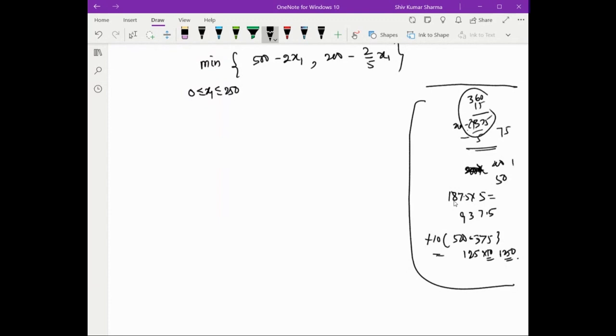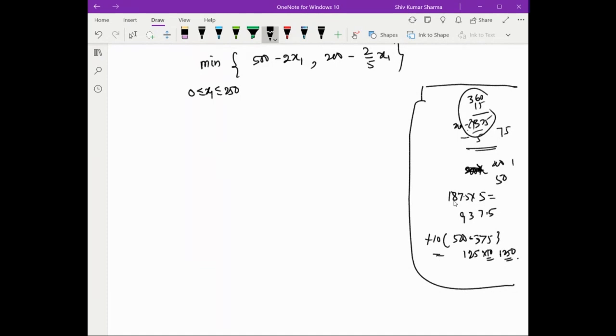When we put various values of x1 between 0 to 250, say 100, we get 300 and 240, and when we go to 200, we get 100 and 120.